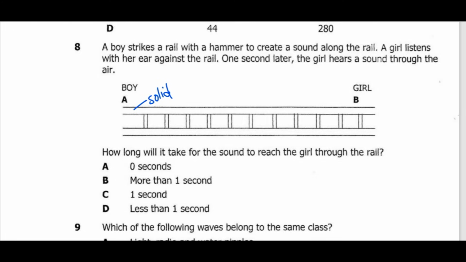So we are not expecting the sound to travel at the same speed in air and in a rail. So in a rail, the sound will travel faster than in a gas, according to science. So we are expecting it to have at least less than that second, because 1 second was the speed of sound in air. So we are expecting to have less than 1, which is our answer, just D.